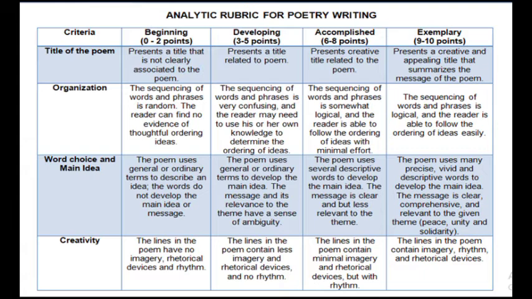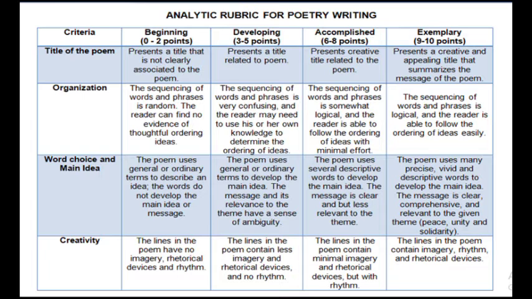First, we have an example of an analytic rubric for poetry writing. It has 4 criteria and 4 equivalent ratings. First, we have beginning, which is equivalent to 0 to 2 points, developing 3 to 5 points, accomplished 6 to 8 points, and exemplary 9 to 10 points. The first criterion is the title of the poem.